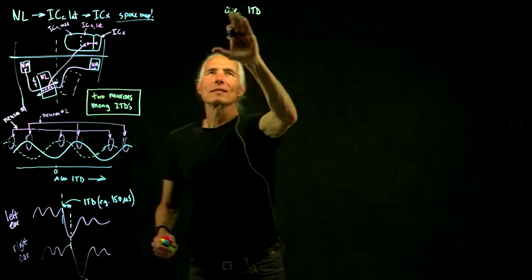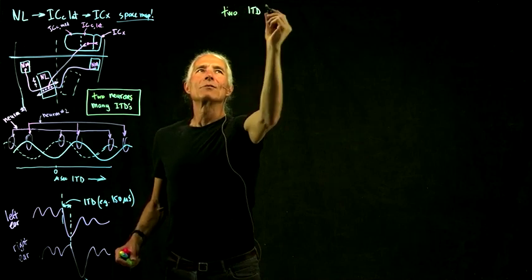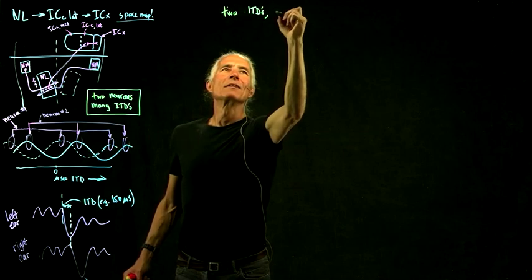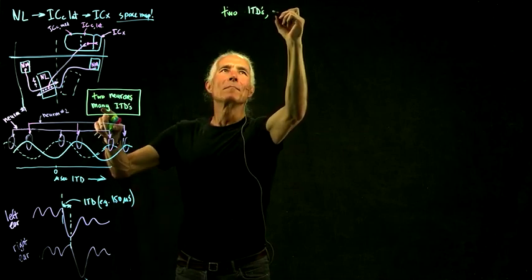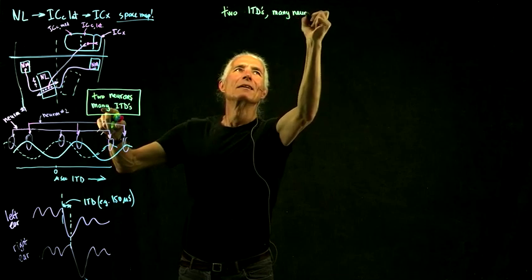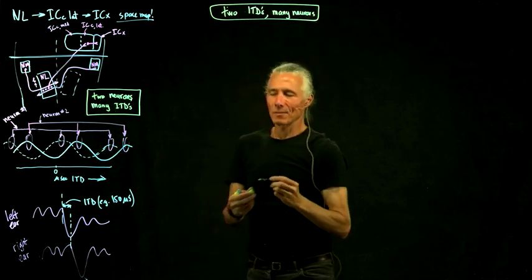And so what we could do now is two ITDs, many neurons, okay? So that's the other way of looking at it.